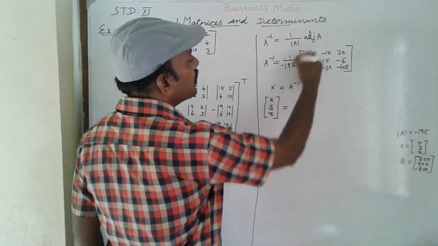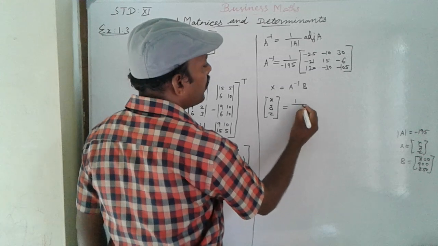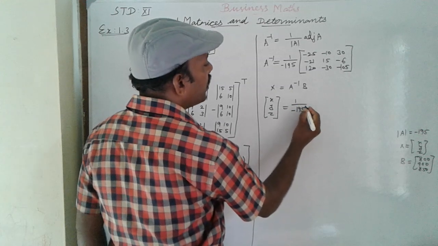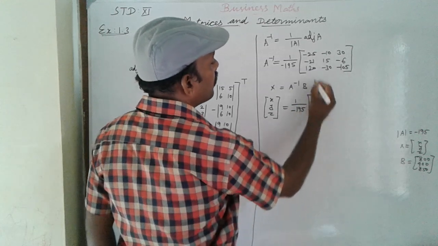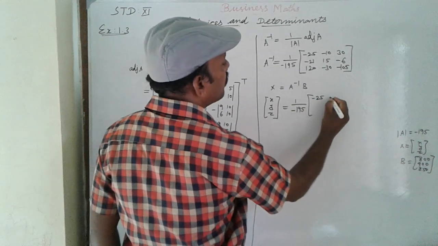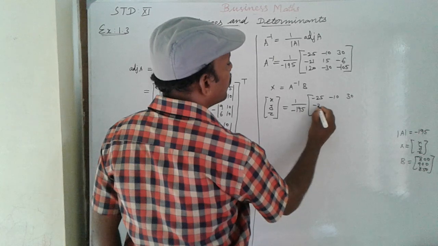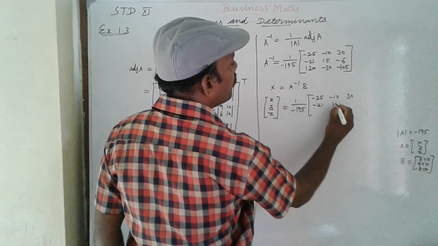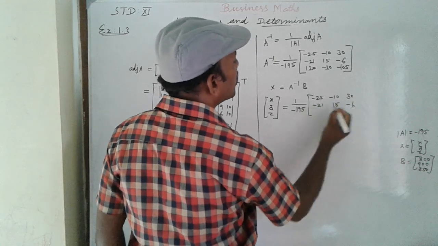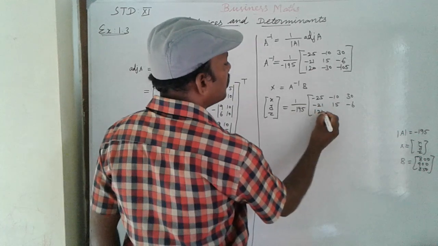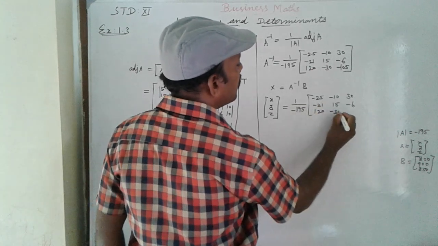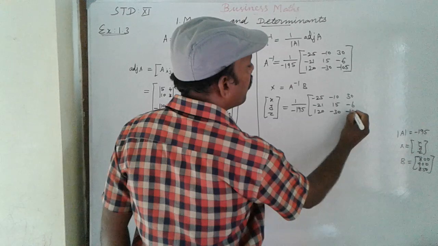A inverse is 1 divided by minus 195 times the matrix minus 25, minus 10, 30, minus 21, 15, minus 6, 120, minus 30, minus 105.